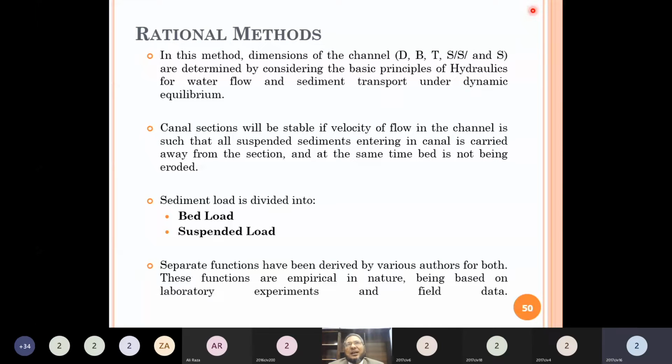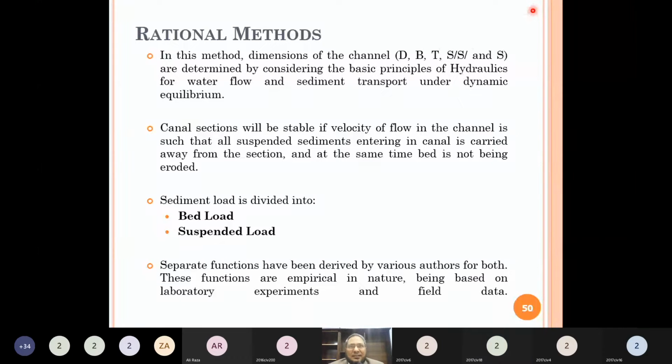In case of unlined channels, what are the major problems in design? There are two major problems. Sir, the major problem is the surface roughness. No, I am talking about unlined channels, earthen channels or alluvial channels, that is the same thing.